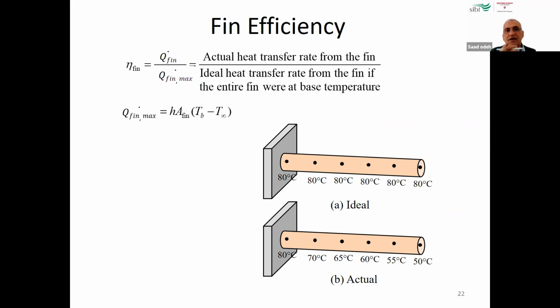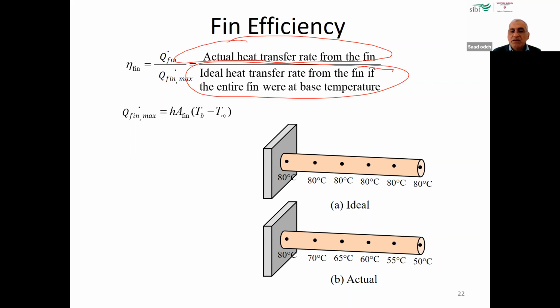I told you the derivation of the formula is quite complicated, so we're going to use graphs to find the actual heat loss from fins. The graphs or tables are based on the fin efficiency. The fin efficiency is equal to the actual heat transfer from the fin divided by the ideal heat transfer by the fin.